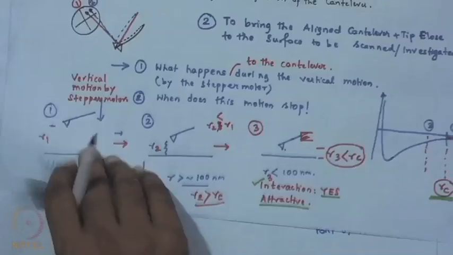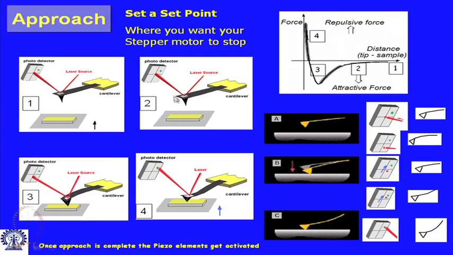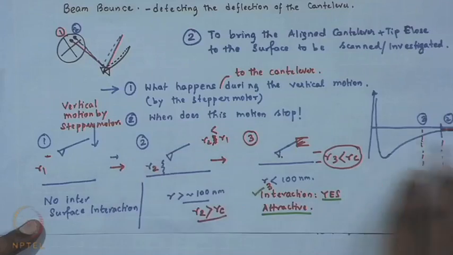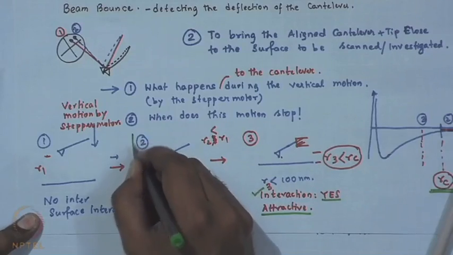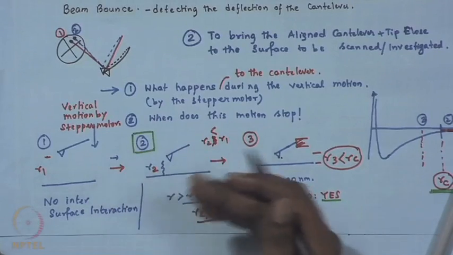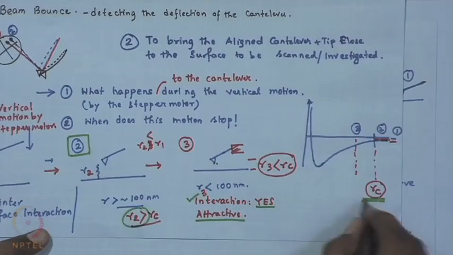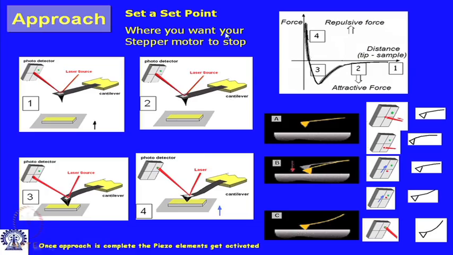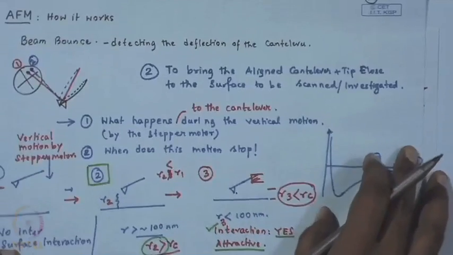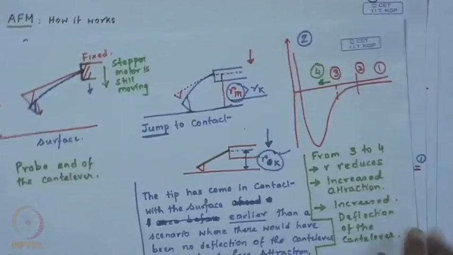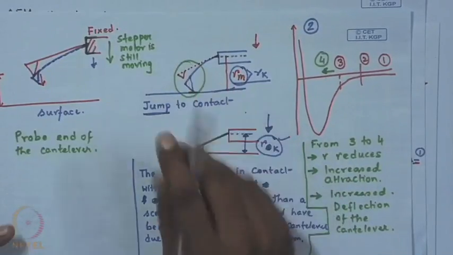Then figure 2 is similar to the figure 2 over here, where the motion has started but there is still no deflection, because R2 is greater than RC. So, you are still somewhere over here in the force curve, with no interaction. Then in figure 3, you see that the cantilever has deflected due to the positive attraction, as we have talked about; it corresponds to this configuration.